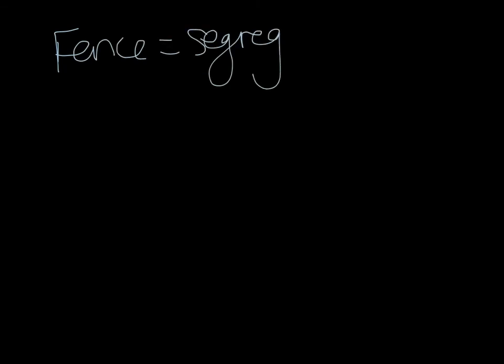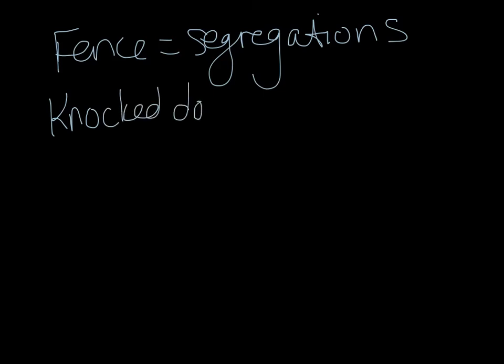Well, let's take our symbolism a step further. If the fence equals segregation, and the girls mention the fence being knocked down, it says someday someone is going to come along.